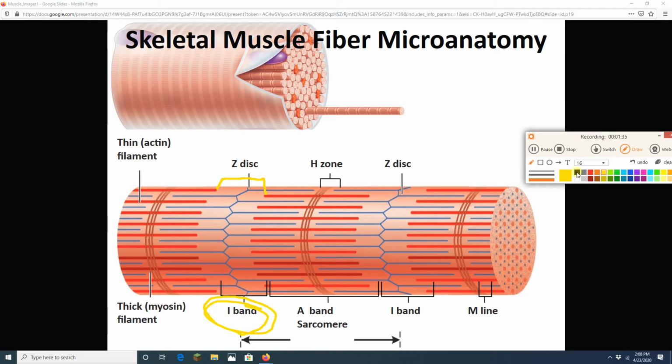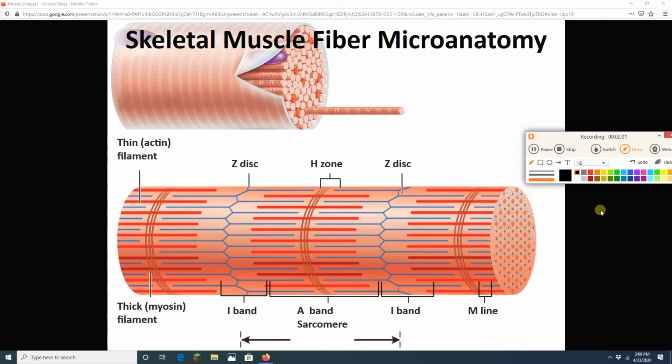Then we're going to have a region from one end of the thick myosin filament all the way to the other end. That region is called the A band. So I band, just actin. A band is from one edge to the other edge of the myosin.